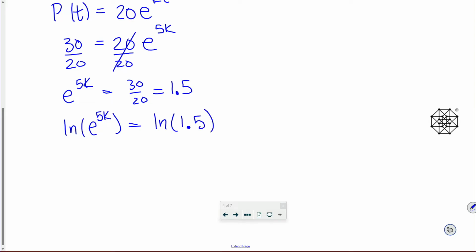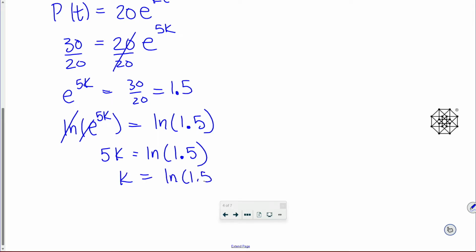So I'll have ln of e to the 5k. Those will cancel. That'll give me 5k is equal to ln of 1.5. And now I can divide ln of 1.5 by 5, and that will then give me the value of k.